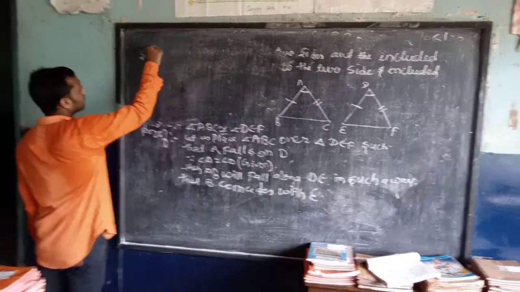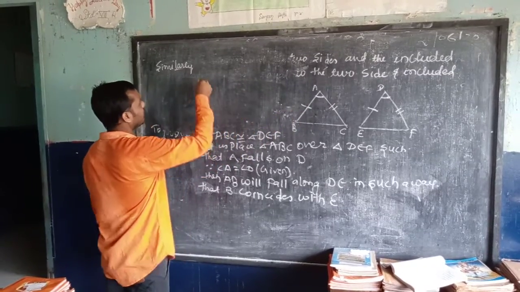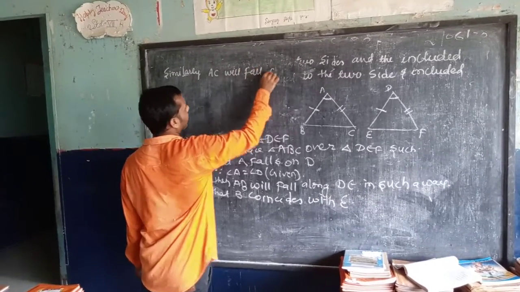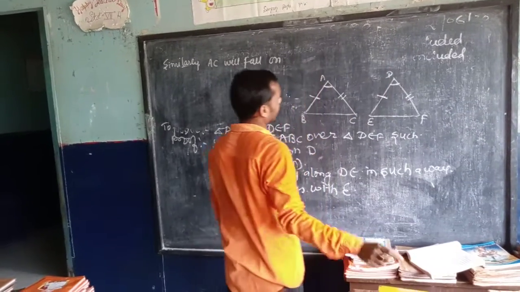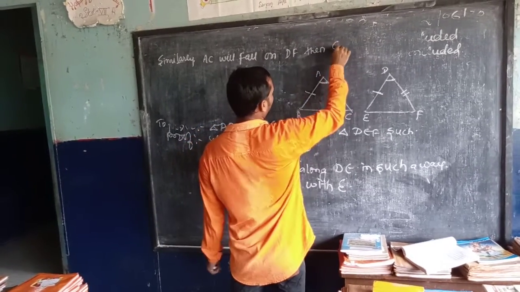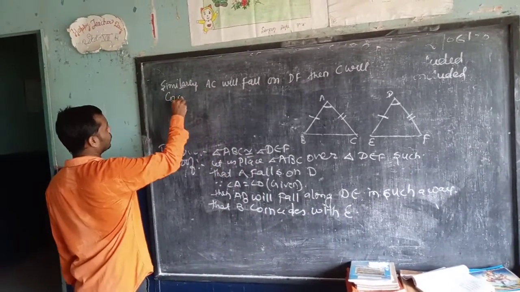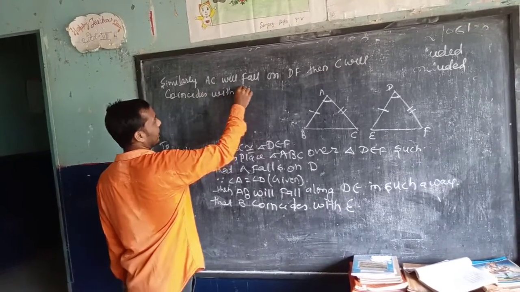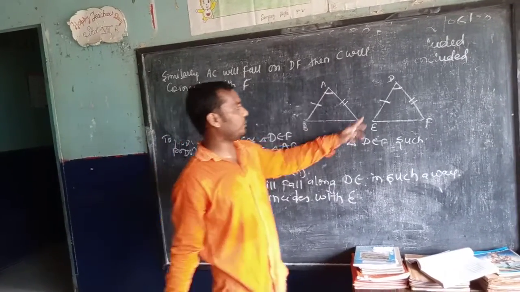Similarly, AC will fall on DF, then C will coincide with F. Similarly, AC will fall on DF.